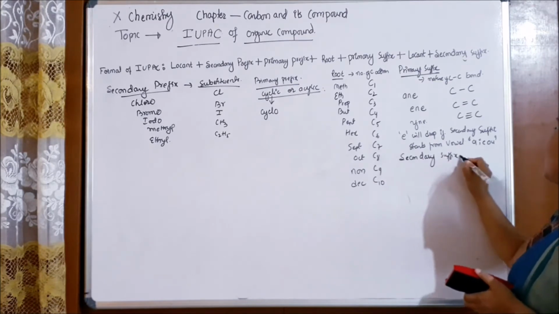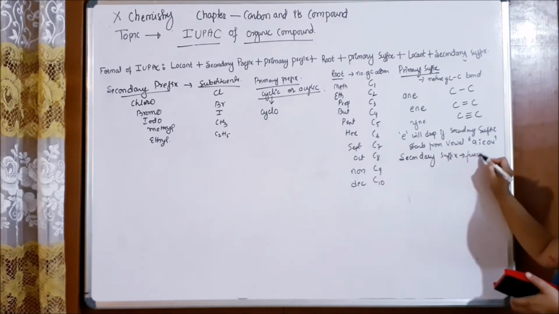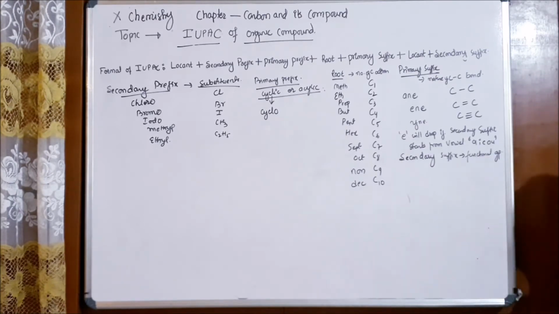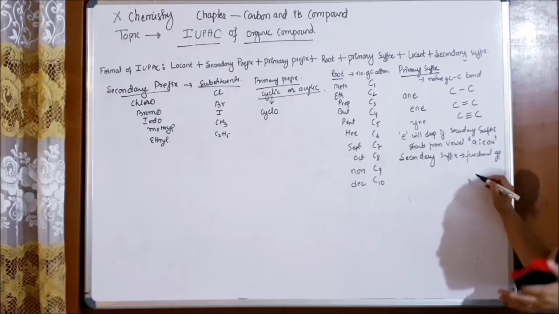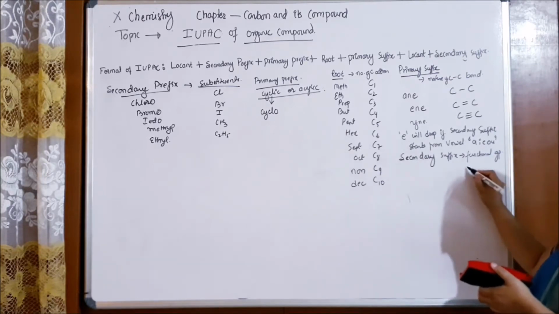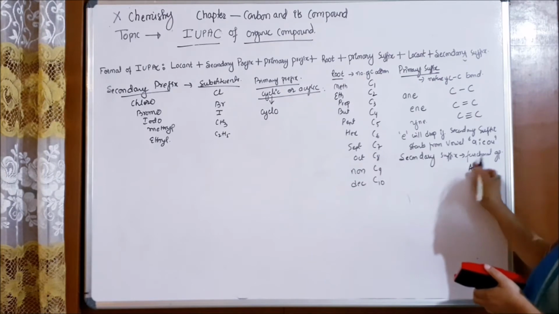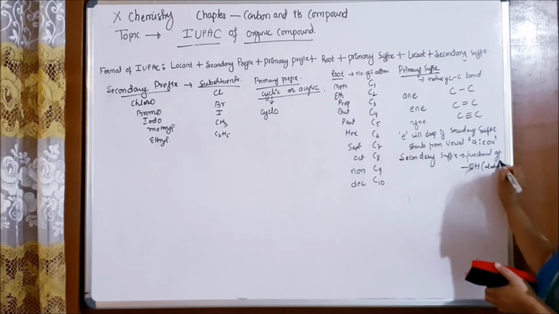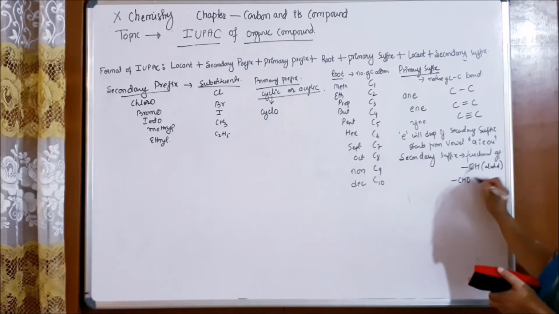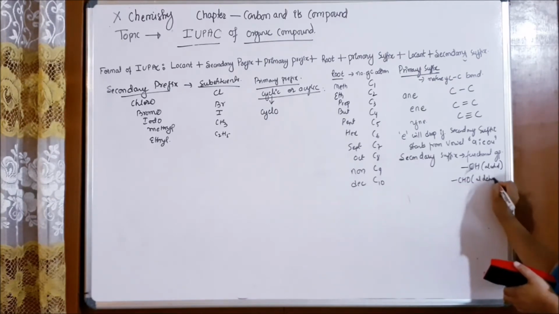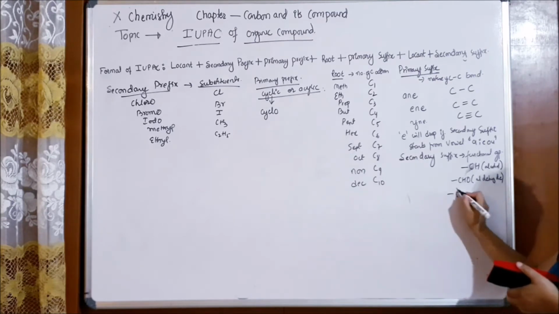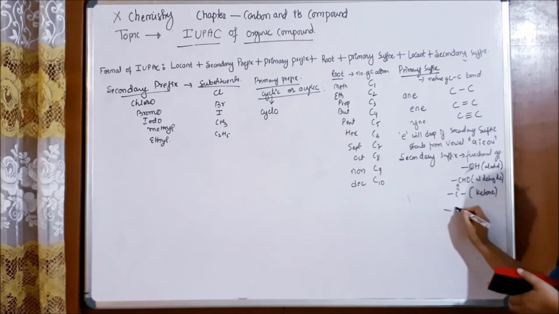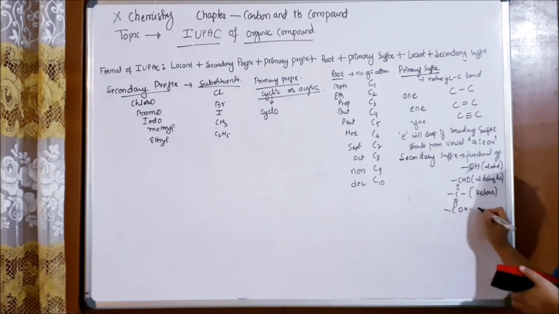It represents the functional group. Now we know the functional groups as we have already discussed. So we have alcohol, which is the OH group; then aldehyde, the CHO group; then ketone, the C double bonded O group; then carboxylic acid, the COOH group.